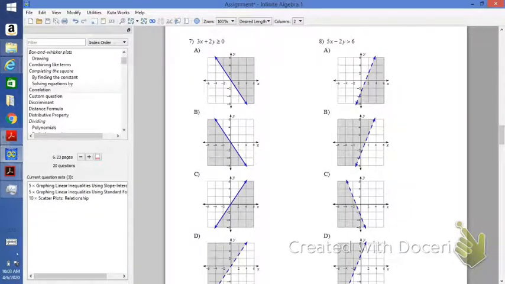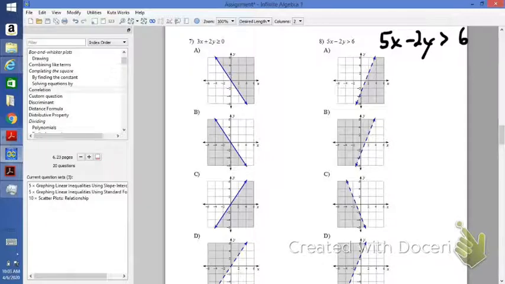Okay, now for number 8, this is a little bit harder because it's not written in slope-intercept form yet. So we have to put it in slope-intercept form. We have 5x minus 2y greater than 6. So step 1, put in slope-intercept.